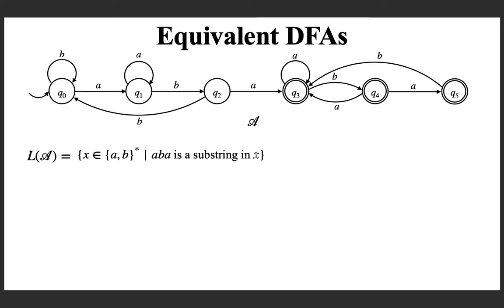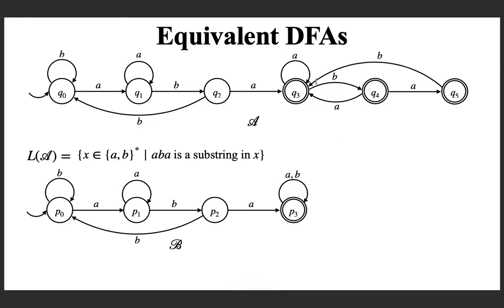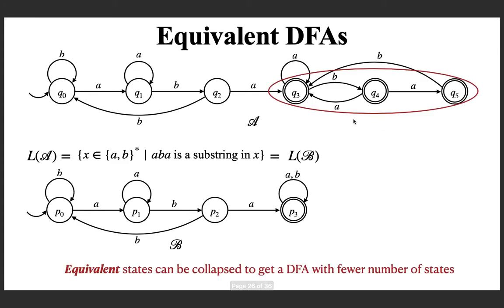Now we get an equivalent DFA with a fewer number of states because all these three can be collapsed. So this language is the same as this language because we collapsed these three into a single state. So find equivalent states and collapse, that's what we did.